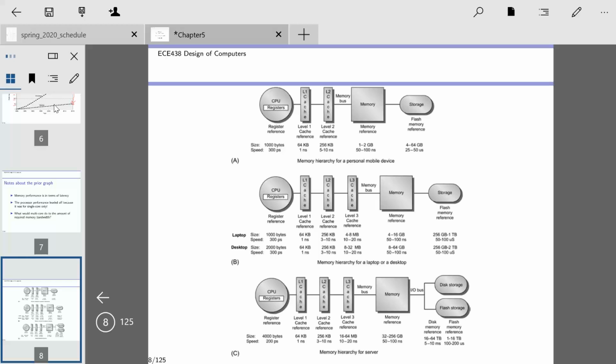We're not really seeing level 1 caches go above 64 kilobytes, and we probably never will. I mean, unless we have some game changer other than CMOS that completely changes everything, right? There's always that. But anyway, the level 1 cache is tightly coupled with the processor, and as a result, it needs to be small and fast.